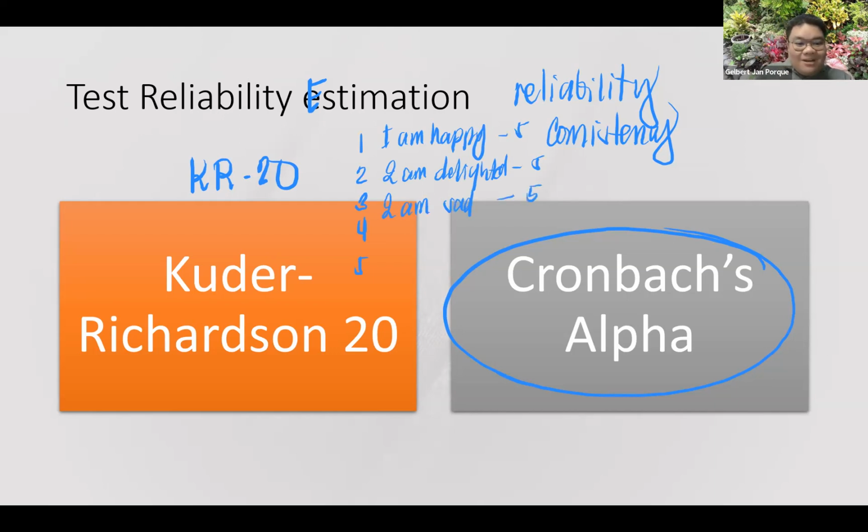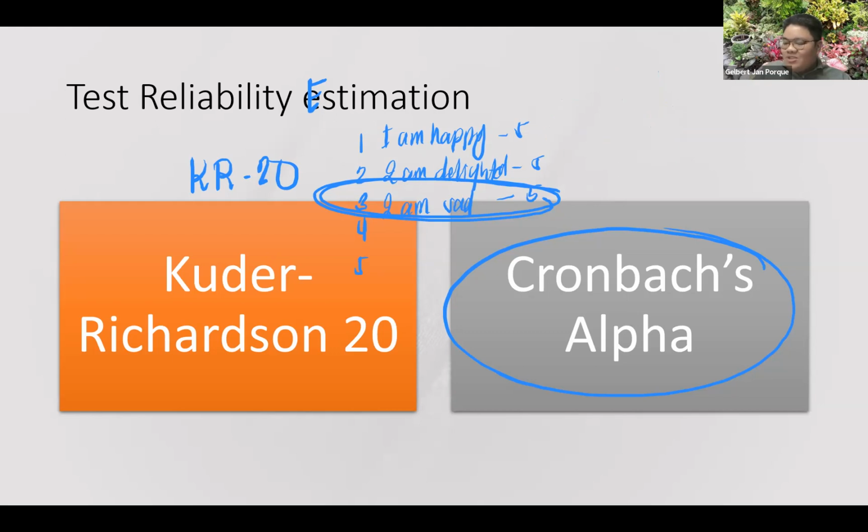Pag magkaganon ba, reliable siya? Hindi. Because it does not consistently demonstrate that I am happy. So what are the two areas here that could possibly happen? Baka hindi po nagbabasa yung sumasagot ng questionnaire mo, or baka po yung question natin, mali po talaga yung pagkakastate.